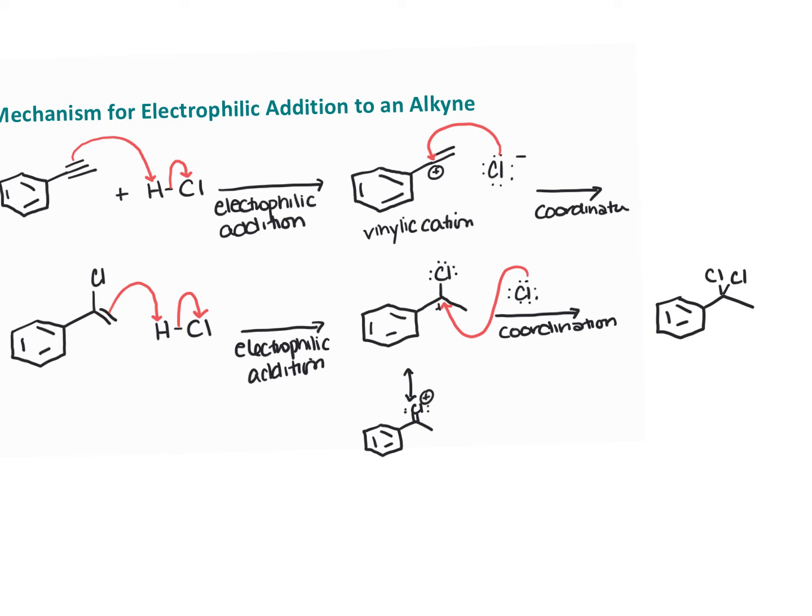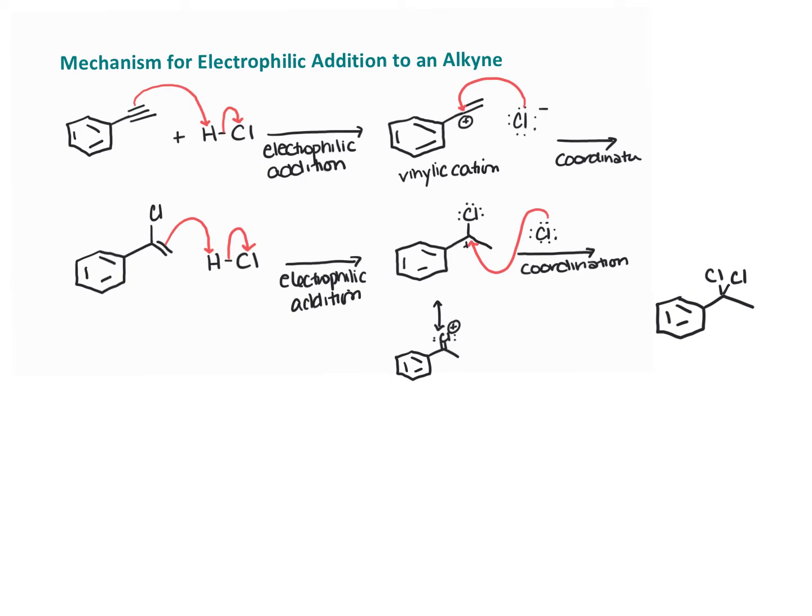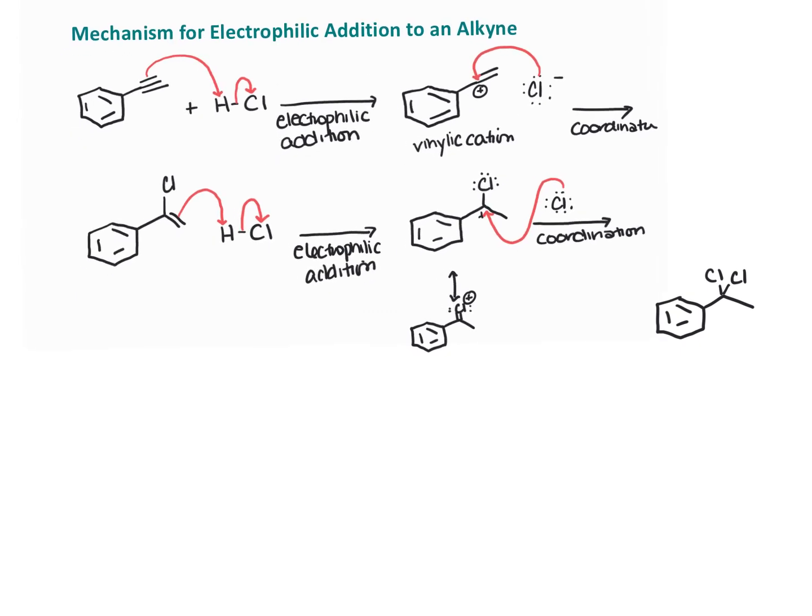Now, the major product is the result of two additions, not one, because the second addition is easier than the first. And it's easier because that carbocation that's produced is more stable because of resonance. And so I want us to make some notes about this.